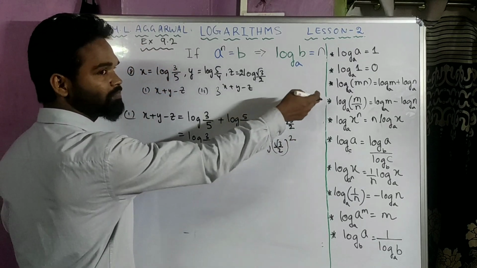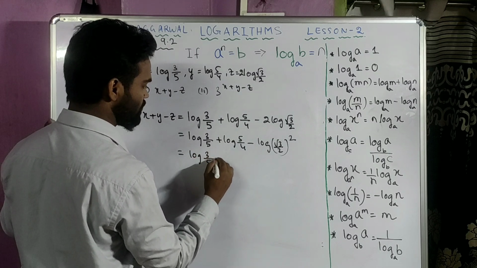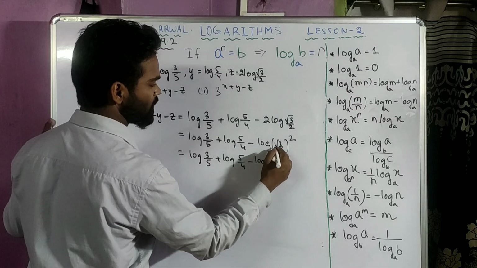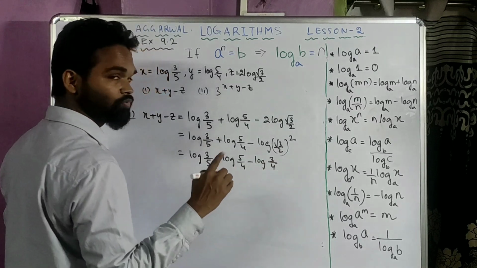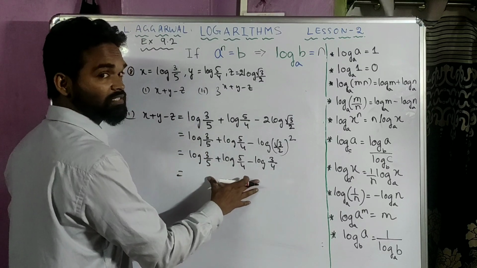The coefficient becomes a power. So this becomes log 3 by 5 plus log 5 by 4 minus log, if you look carefully, this is 3 by 4. Root 3 square is 3, 2 square is 4. Now we'll express this as a single log.